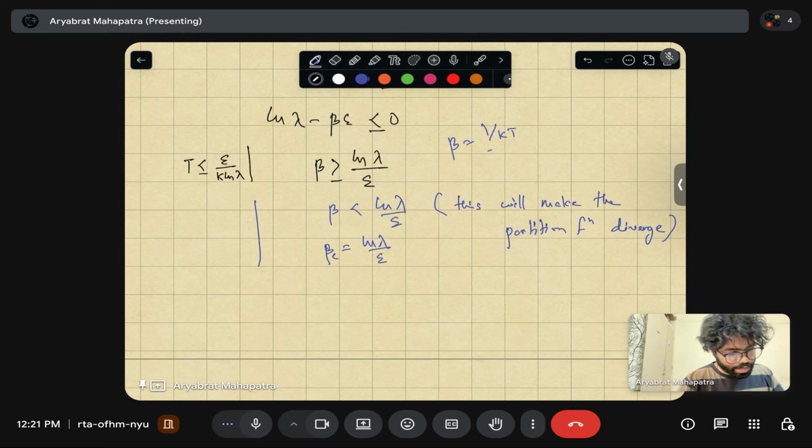For diverging conditions, it will be T greater than epsilon over k ln lambda. So your critical temperature is epsilon over k ln lambda.